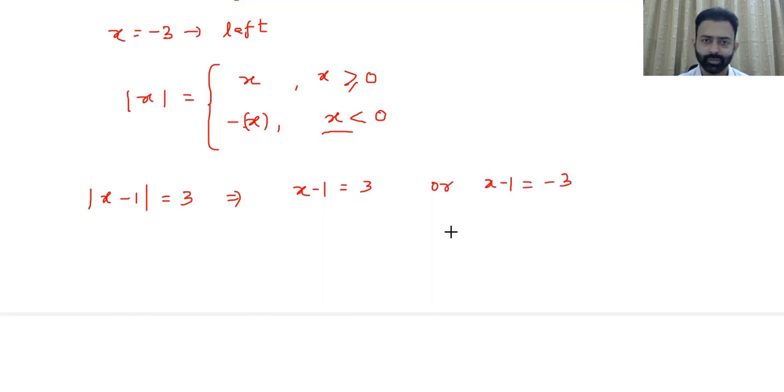This is a simple definition, right? Either it will be plus 3 or it will be minus 3. Solving this, x will give me 4, and solving this, x will give me minus 2.